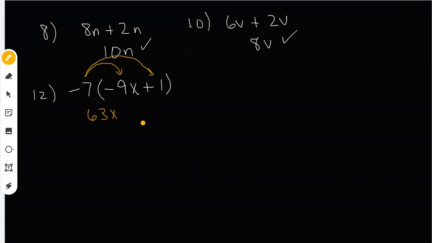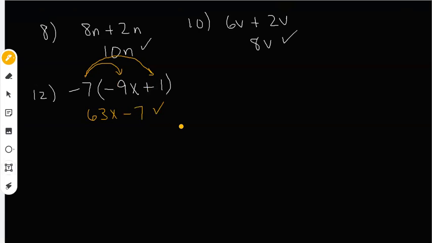Now, Coach, what happens when you multiply by a 1? When you multiply with 1, that's going to make it 1 times the -7. It's going to be a -7. Yeah. So multiplying by 1 doesn't really change anything, does it? No, it does not. Okay. So -7 times 1, that's going to be -7.